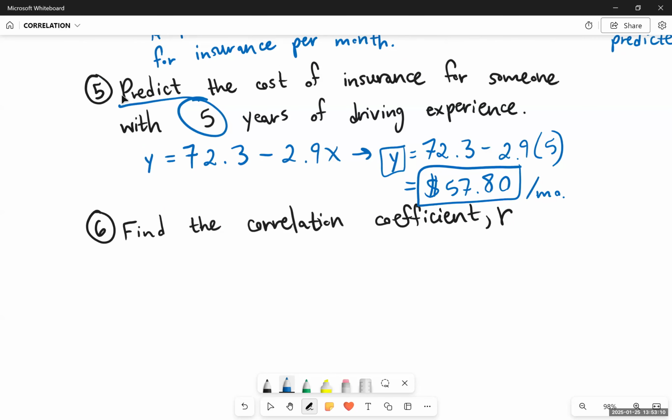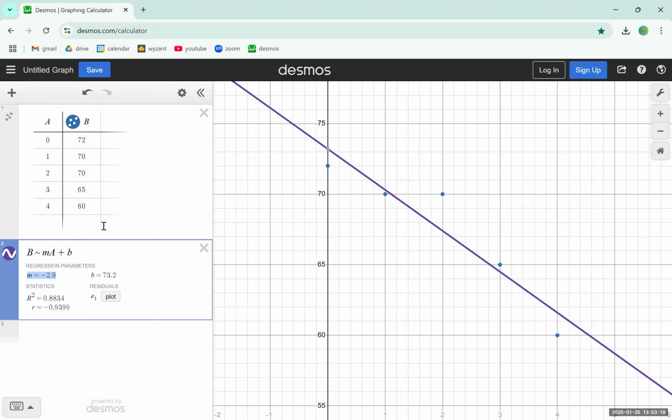All right, so the last question we have, what was the correlation coefficient? So that tells you how strong this scatter plot or the correlation between these two variables are. And it shows here, R stands for correlation coefficient, negative 0.939. We'll round that to 0.9. Okay, so what does that mean?